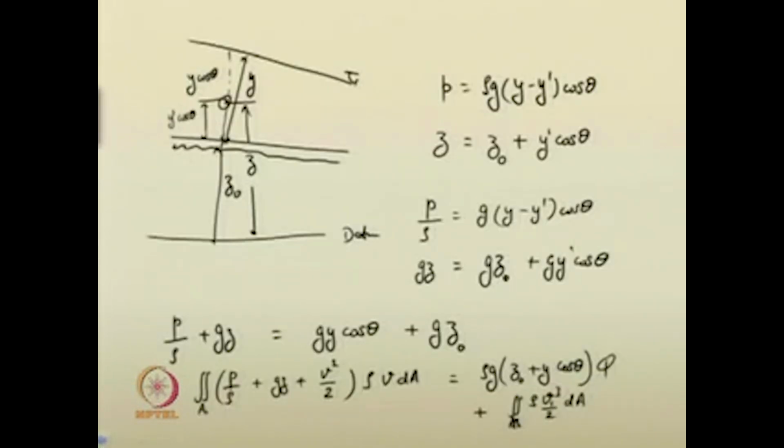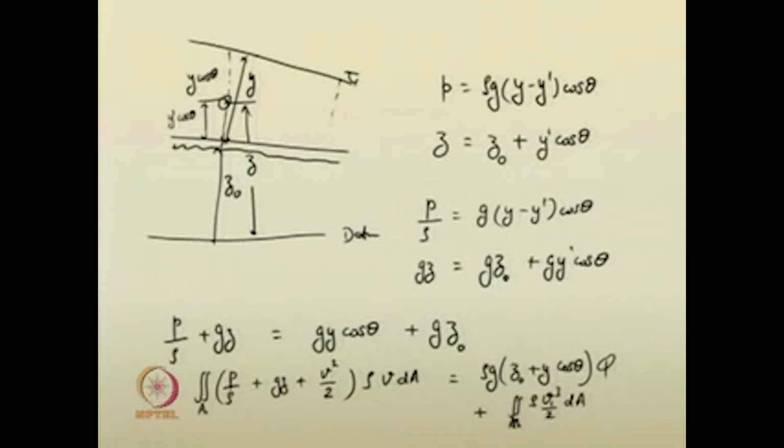So, in the next we can see rho g z0 plus y cos theta Q plus integral over A1 of rho V1 cube by 2 dA. This will be equal to, in the right hand side, z0 plus... why I am writing this is, just recall the earlier section.